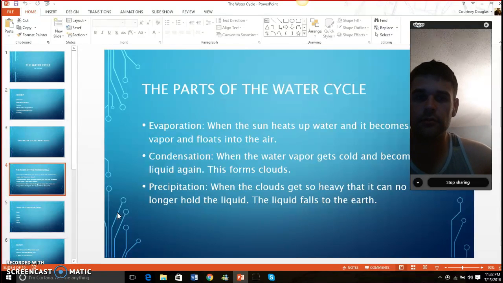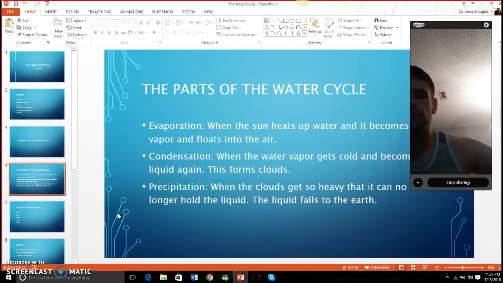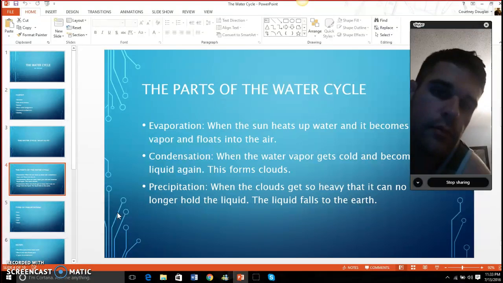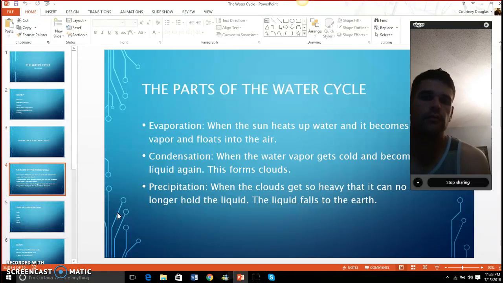Yes. So it's when the clouds get so heavy that they can no longer hold the liquid. So the liquid begins to fall to the earth. Alright, so yes, it's when the clouds get heavy and they just need to release. Alright, very good. Do you have any questions about that? Okay.